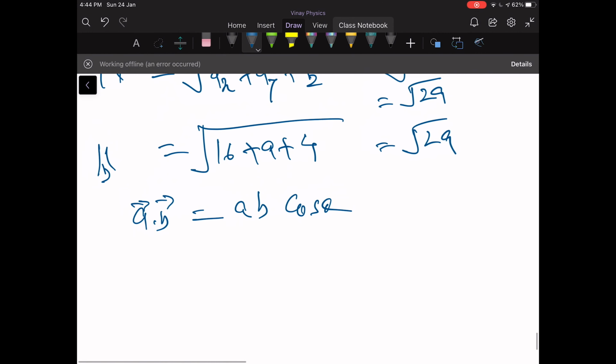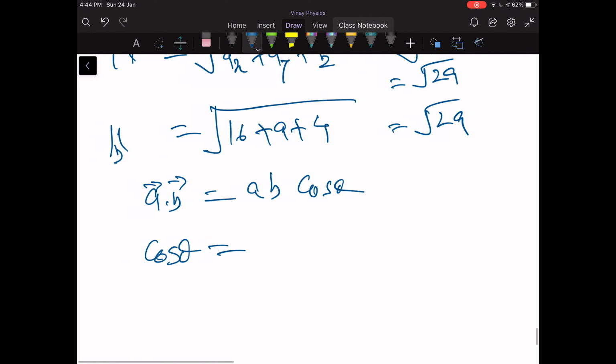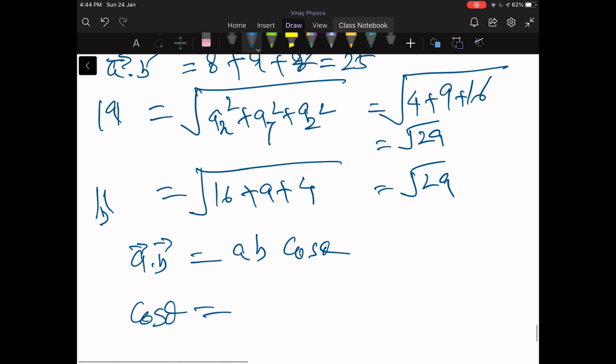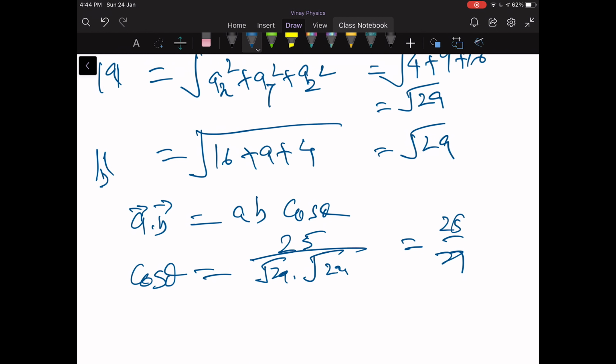So, cos theta is equal to 25 divided by square root of 29 into square root of 29, which is equal to 25 by 29, and theta will be cos inverse 25 by 29. So, this is one type of question that you might get.